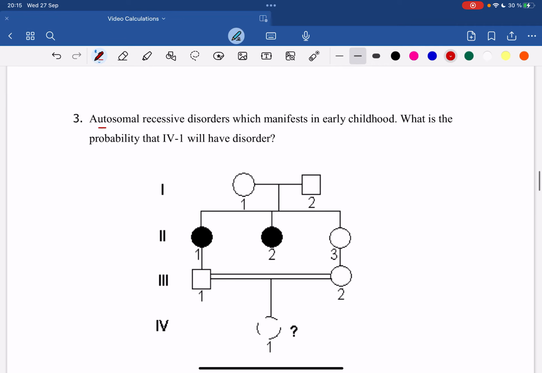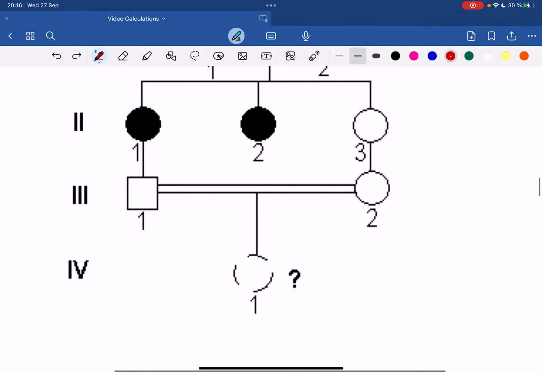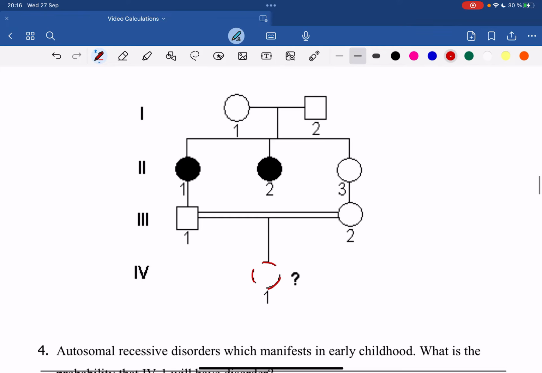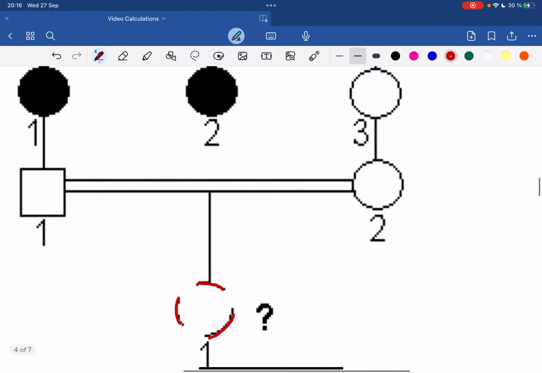Autosomal recessive disorder, we always have to double check that we're looking at the right type of illness. What is the probability that 4/1 will have the disorder? 4/1 is this person. They're yet to be born, but they have their gender revealed, which is to be a baby girl. Okay?